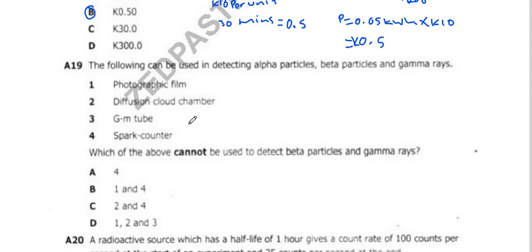So when we look at the photographic film, the diffusion cloud chamber, the GM tube, and the spark counter, the Geiger-Müller tube can be used for all three of them.